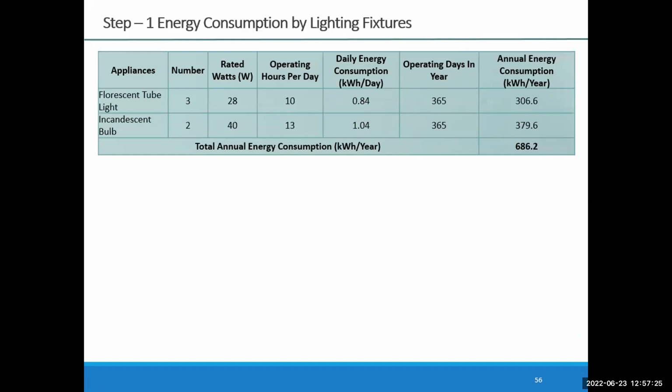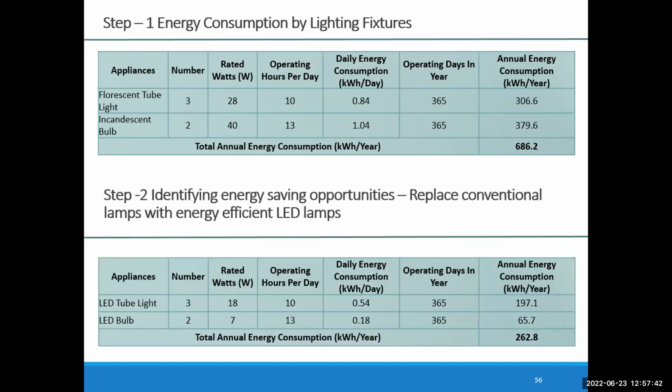So here, as an example, the same old example of fluorescent tube lights and incandescent bulbs is shown, with 686 units of electricity consumption. If these lamps are replaced with LED lamps, say for example, a 28 watt fluorescent tube light is replaced with an 18 watt LED tube light, and a 40 watt incandescent bulb is replaced with a 7 watt LED bulb.